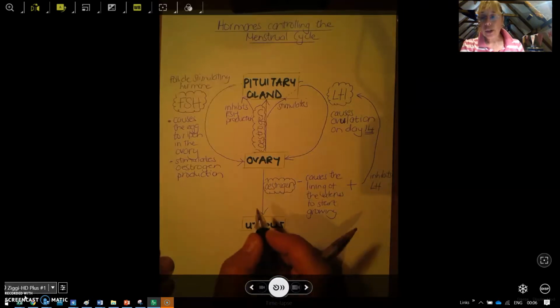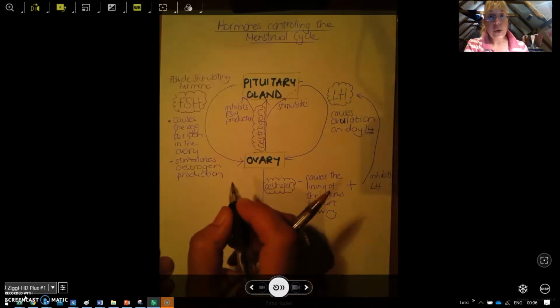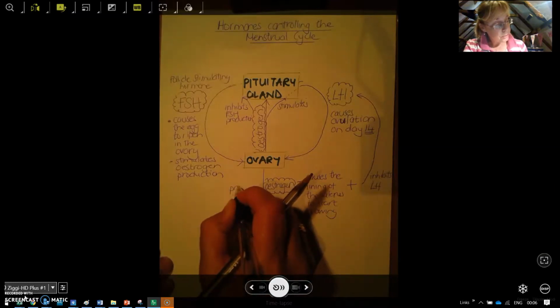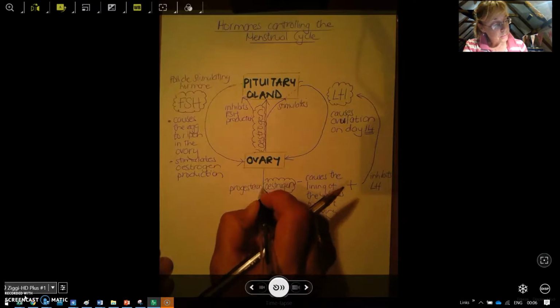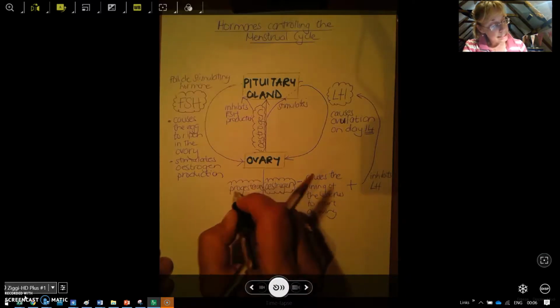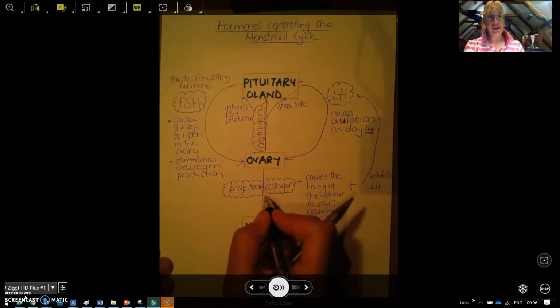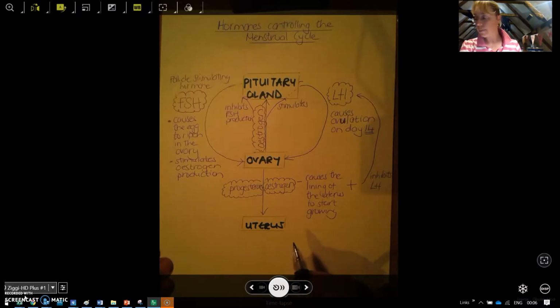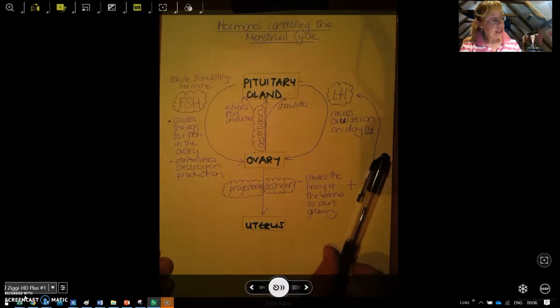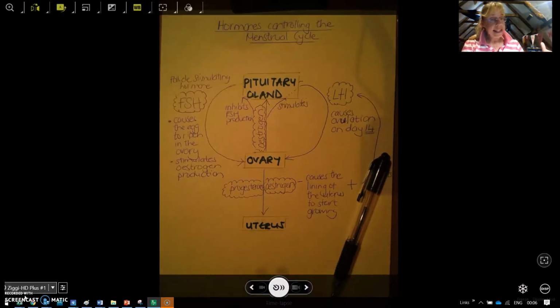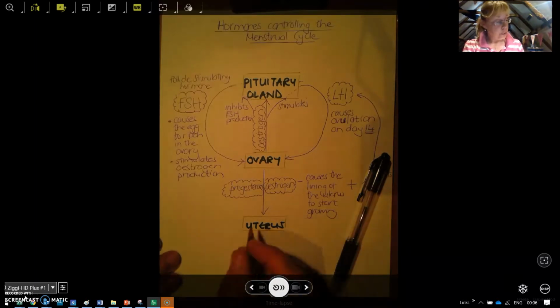And the ovary is also responsible for secreting another hormone called progesterone. Sorry, I squashed that in a bit there. Now, what progesterone does is it causes that lining that has been building up in the uterus to be maintained, in preparation for pregnancy.